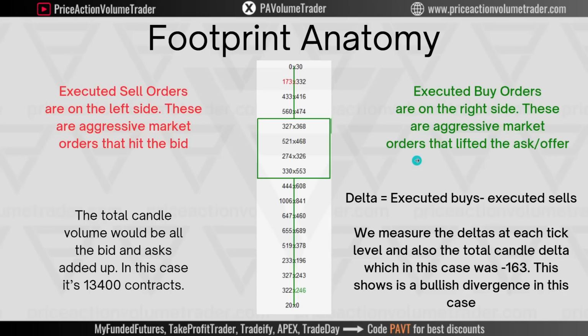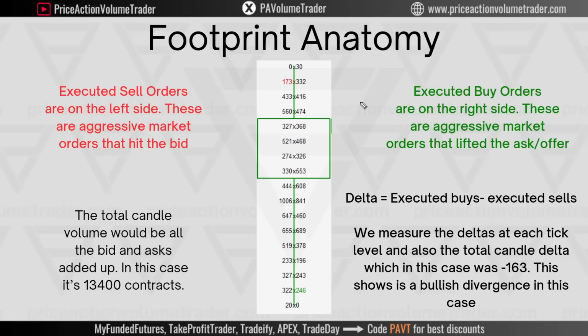so let's continue. Let's talk about the anatomy of a footprint. Like we said before, executed sell orders are on the left side. These are aggressive market orders that hit the bid on the DOM, and executed buy orders are on the right side.